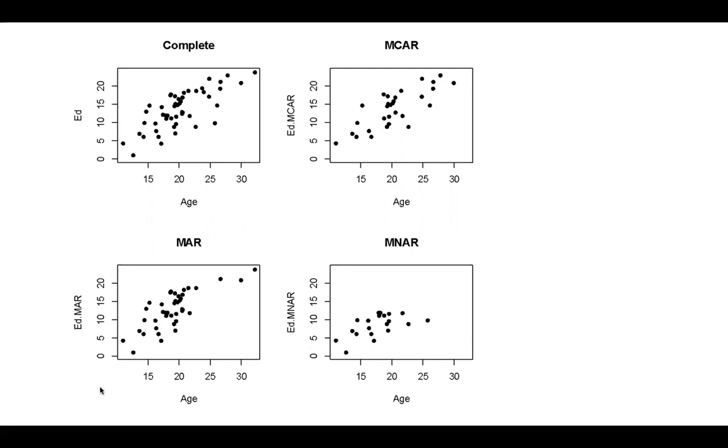In contrast, for missing at random, I said, hey, the older you are, the higher the chance education will be missing. But this time, I'm going to write the code so that age is not what's determining whether education is missing, but only education itself. In particular, what I did was set a cutoff of 13. So imagine I'm drawing a line right here with my mouse across the complete data. If your education value was higher than 13, then imagine it just wasn't reported, right?